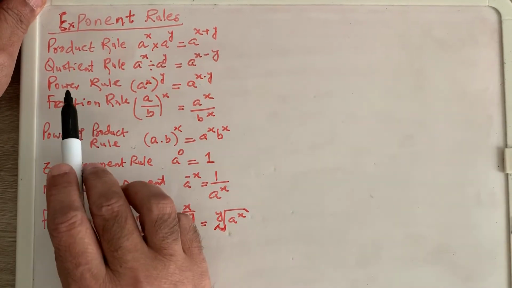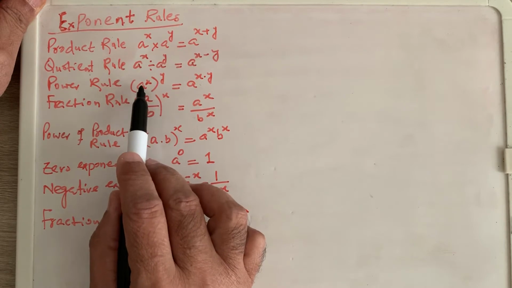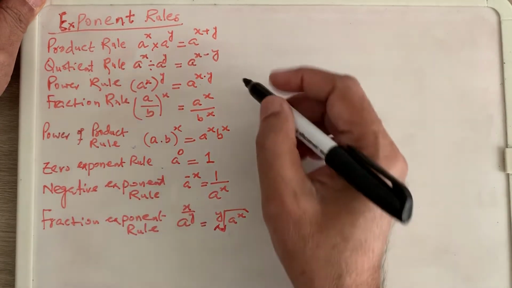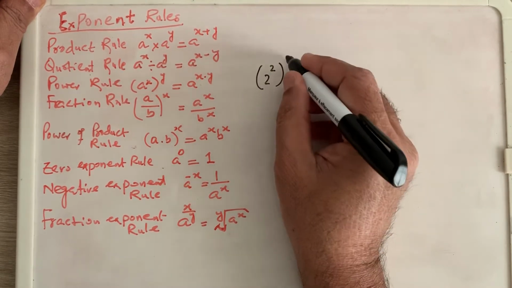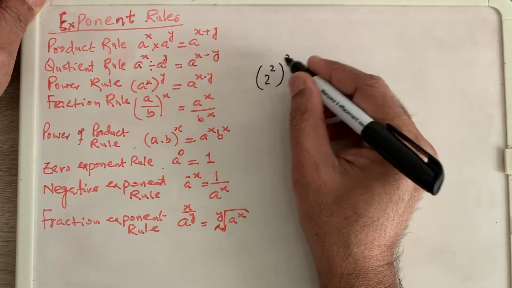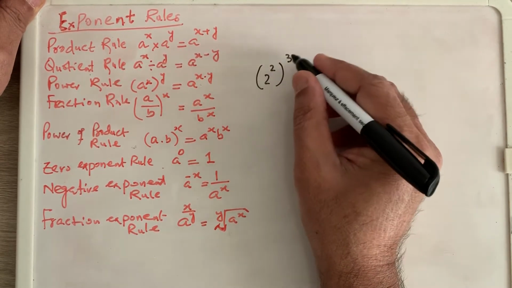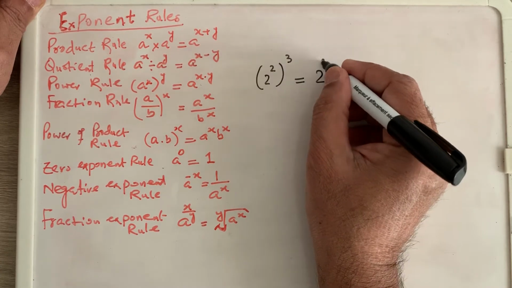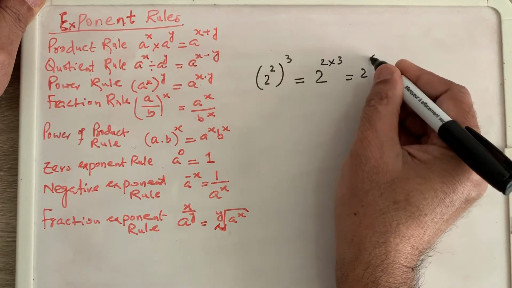So the third rule is the power rule, which says that a power to the power of a variable or any number can be multiplied. If I have 2 to the power 2 and another power is raised on it, so now the power to the power is getting multiplied. So 2 times 3 means 2 to the power 6.